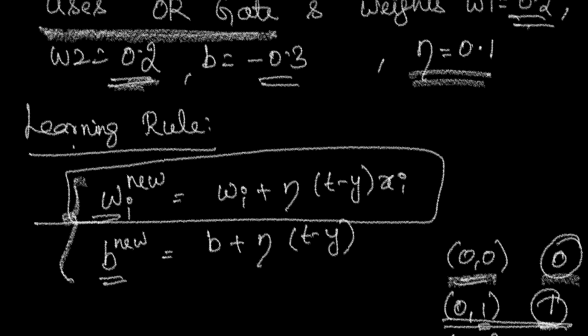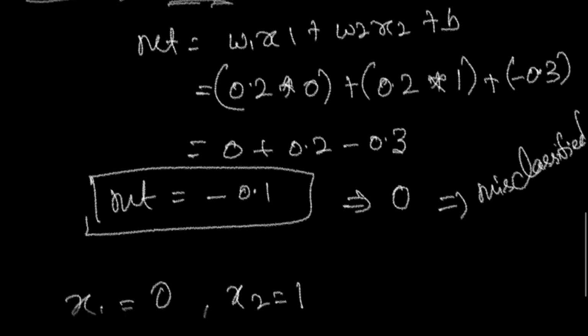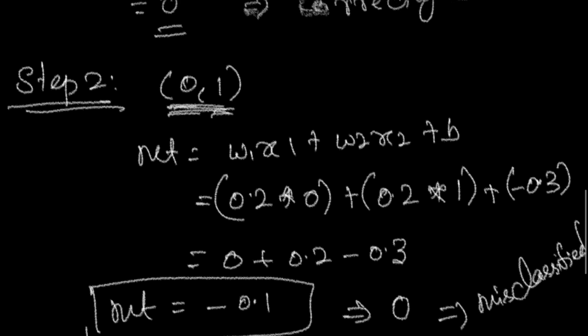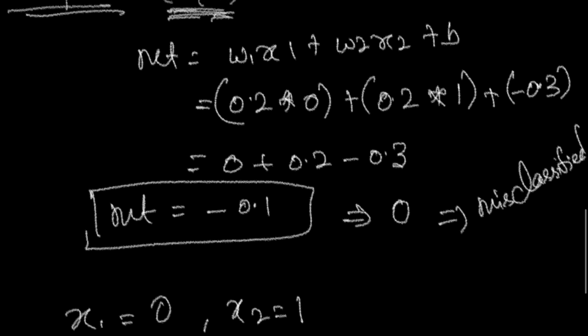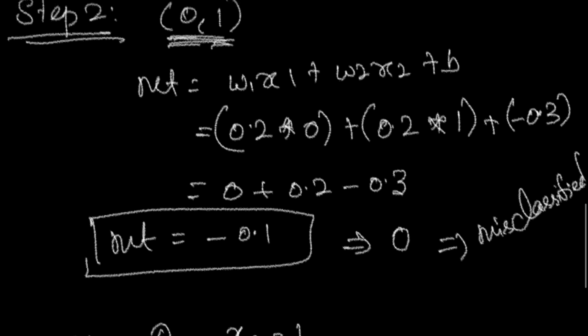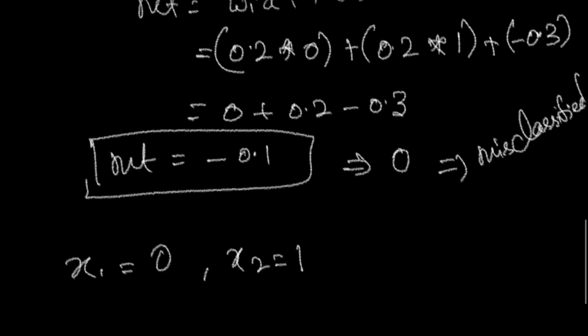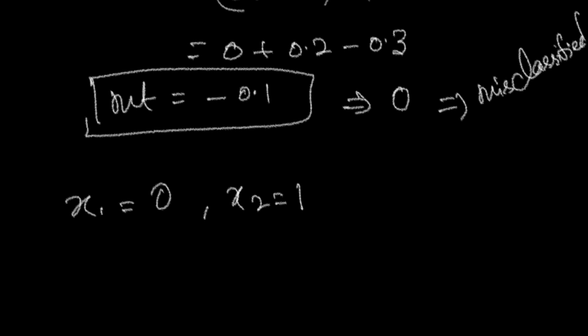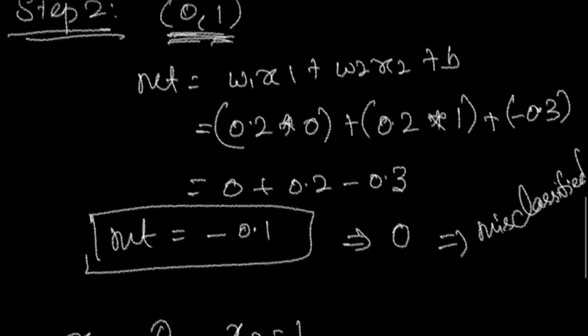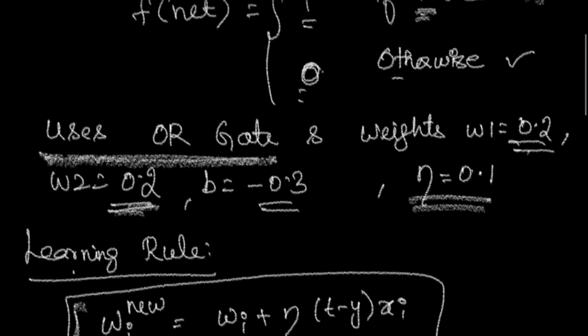Now, what is the previous weight that I have used here? For W1, the previous weight is 0.2. I have used 0.2, right? W1 is 0.2 and W2 is 0.2.